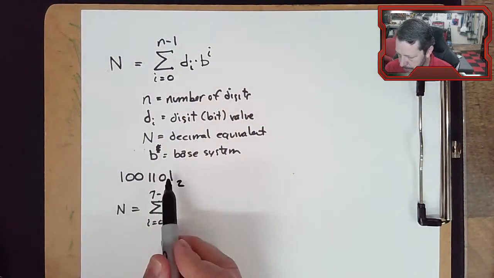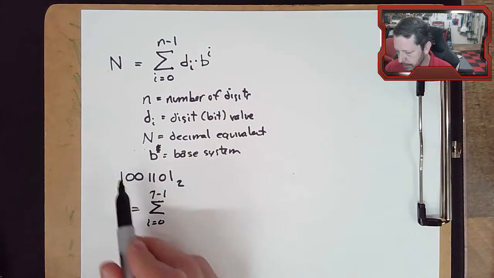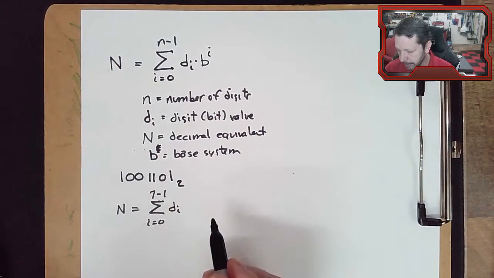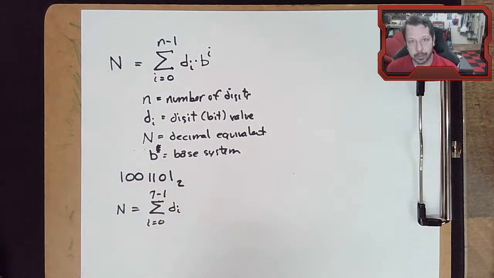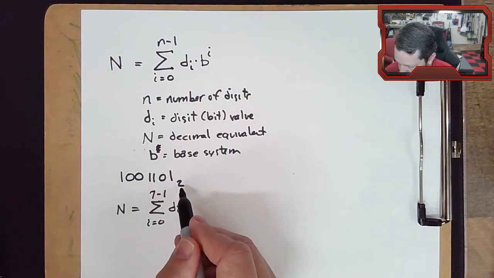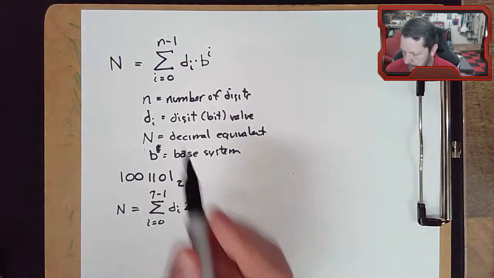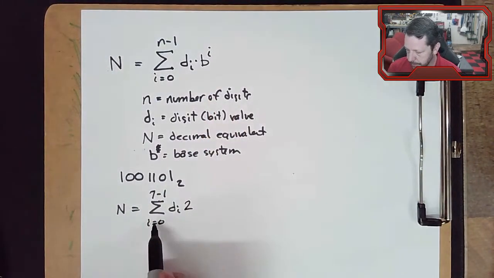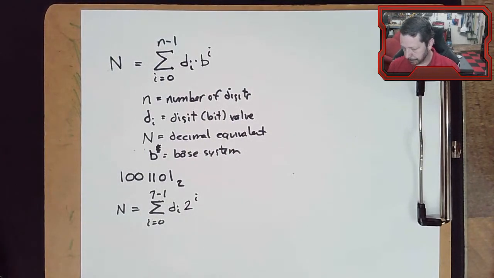The individual digits are going to be 1, 0, 1, 1, 0, 0, 1. So I'll leave that as D sub I because they're going to change depending on what position we're in for that index. We're in base 2, so we'll leave 2. And then this I is also going to change based on the index, so I. So you start at the least significant bit.